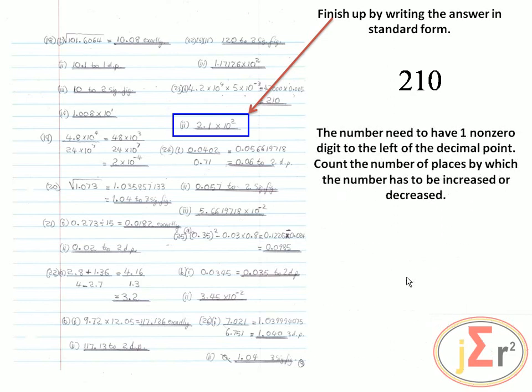The number needs to have one non-zero digit to the left of the decimal point. Count the number of places by which the number has to be increased or decreased. So that number in standard form, or any number in standard form, will have only one non-zero digit to the left of the decimal point.